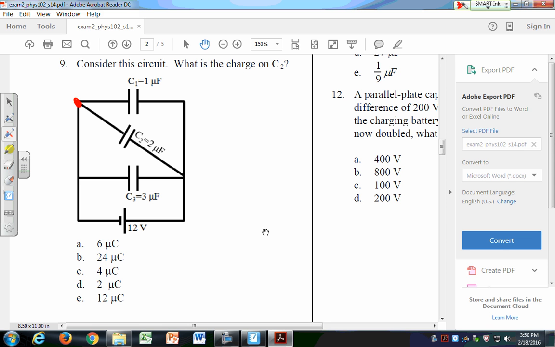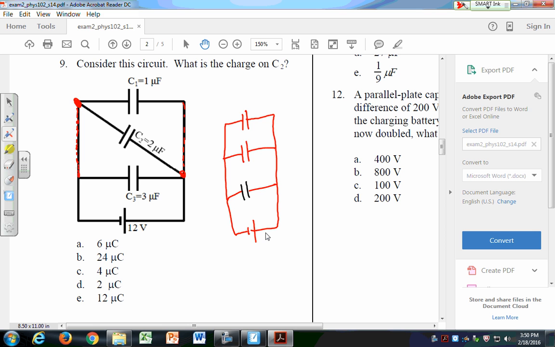I can move it anywhere along this line as long as I don't cross a device or another junction. So I can move it anywhere along this line, and I can move this part anywhere along this line. So I could redraw this just as 3 parallel capacitors like that.